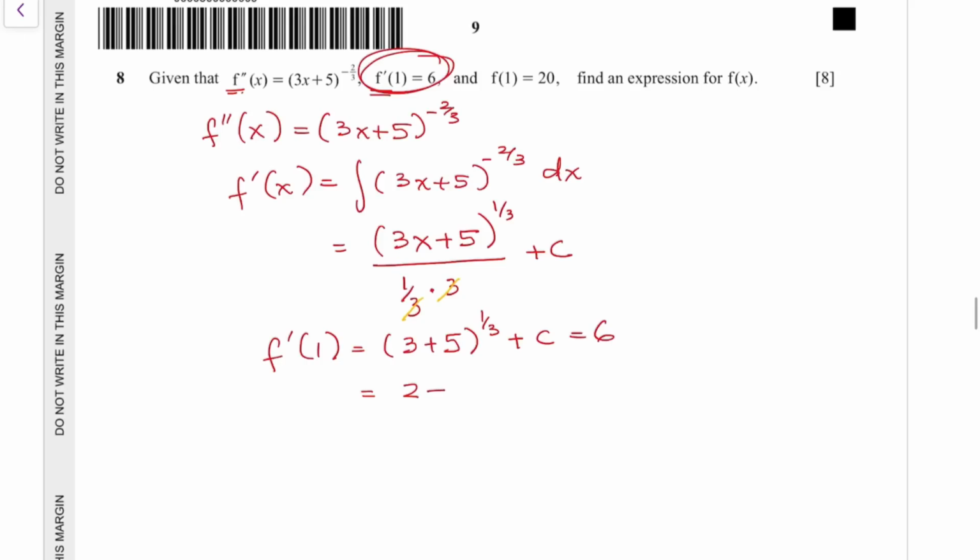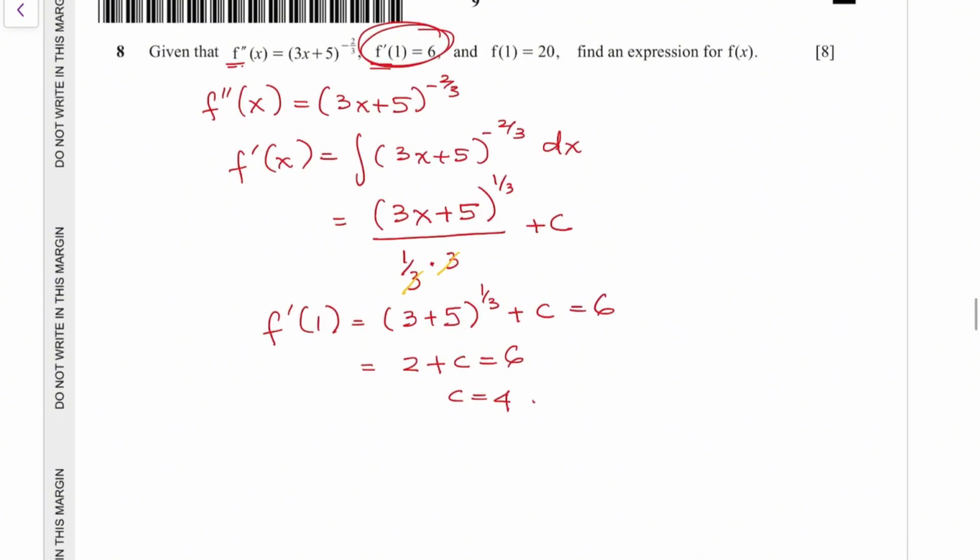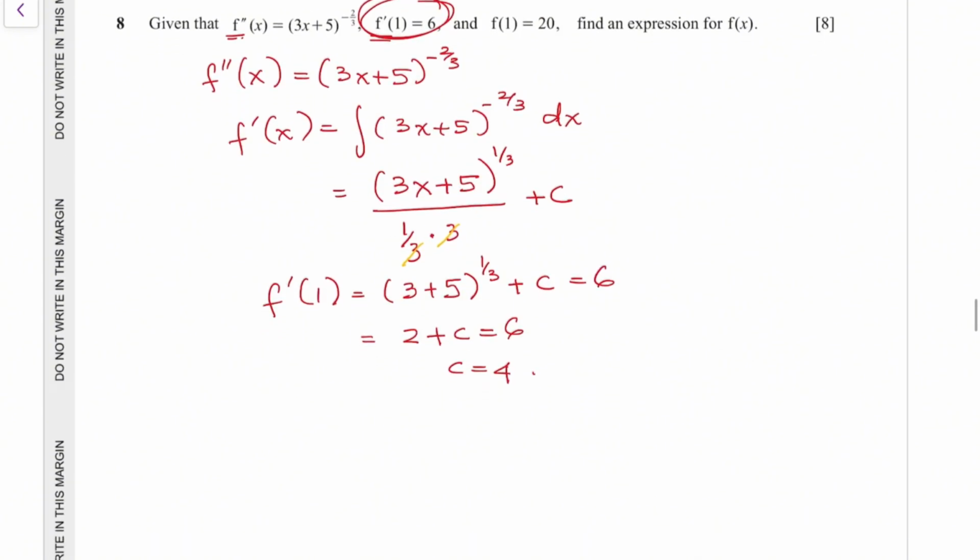Okay? 2 plus c is equal to 6. Therefore, my c is equal to 4. Your equation of first derivative, hence, is going to be (3x + 5) to the power of 1 over 3, plus 4.